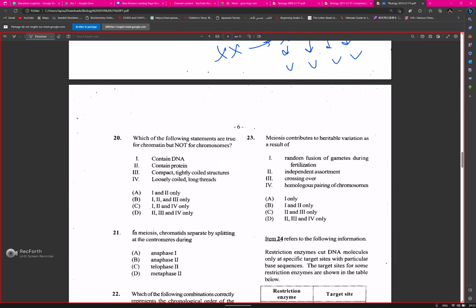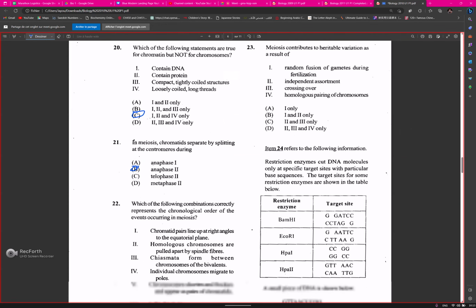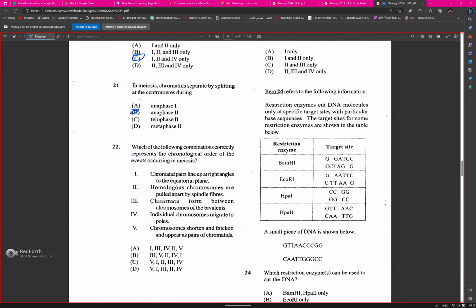Interesting. In meiosis, chromatids separate by splitting at the centromere during... wonderful, B, anaphase 2. Alright? Because in anaphase 1 it's chromosomes themselves.